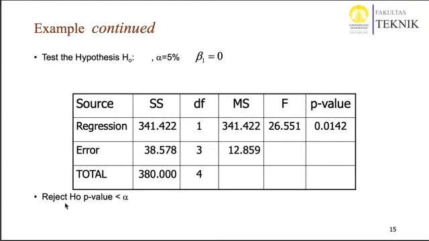We then reject the null hypothesis based on the p-value that we obtain. But here, because the p-value is less than alpha, which is just 0.01, we may reject the null hypothesis.